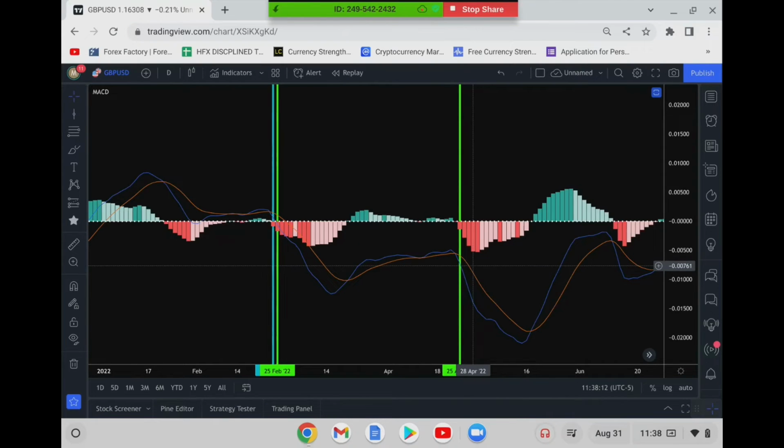We want to see the MACD crossing down on our signal line because the market is moving down, right? You guys, I don't know how much simpler I can make this. I don't know how much more I can break this down to you guys. If you are not understanding me at this point, I just don't know, okay? This is just too simple, all right?